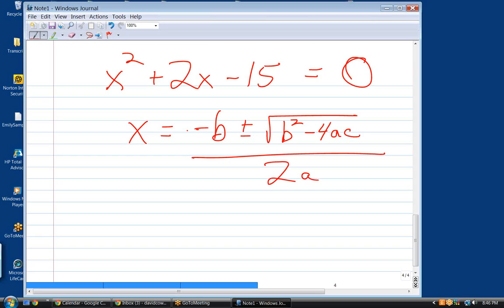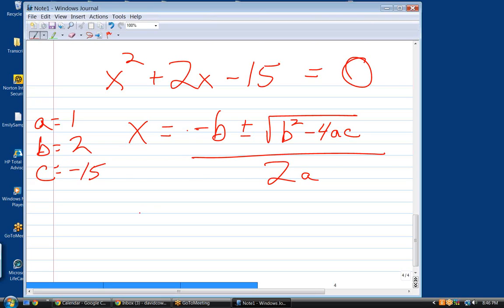That's good. So in our equation, what is a, b, and c? Okay, a is going to be 1. B is 2. And then c is negative 15.